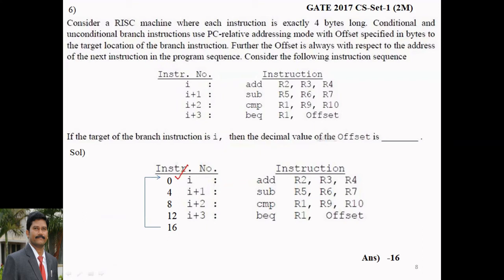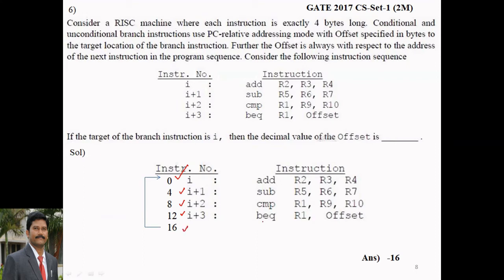Because this instruction takes 4 bytes, the next address is 4, then 8, then 12, and after execution of this instruction, it is 12 plus 4, that is 16.